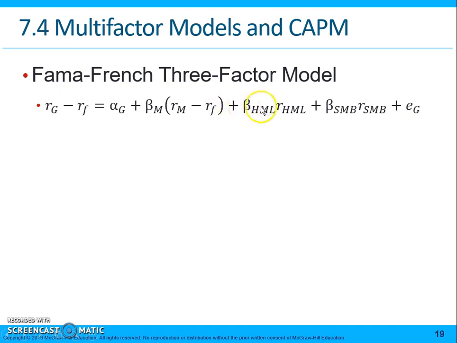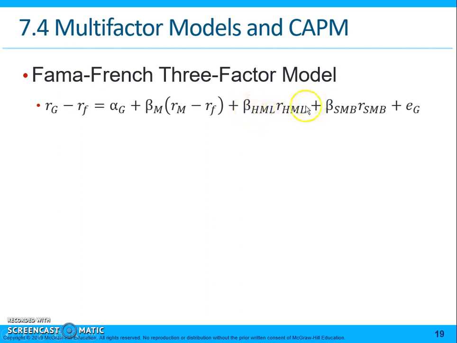And then we add these two additional factors. The first is a beta high minus low. And high minus low relates to the theory that high book-to-market firms are undervalued and perform better than low book-to-market firms. So this is the first Fama-French factor.